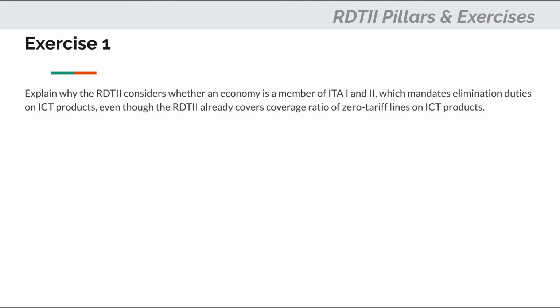Explain why the RDTII considers whether an economy is a member of ITA 1 and 2, which mandates elimination duties on ICT products, even though the RDTII already covers coverage ratio of zero tariff lines on ICT products.